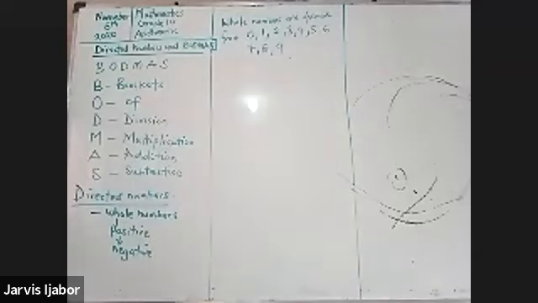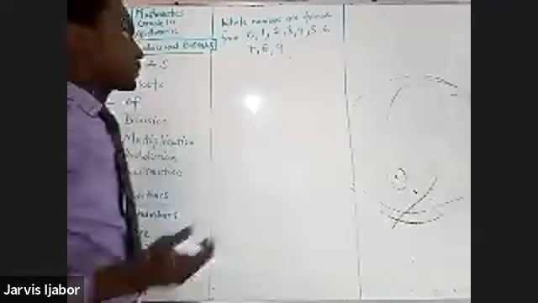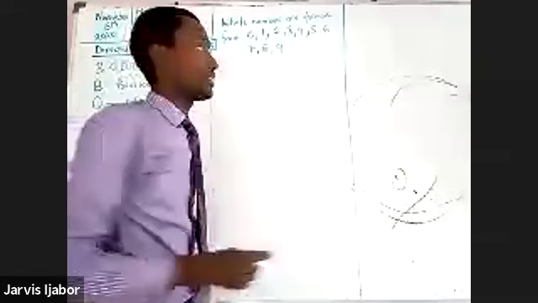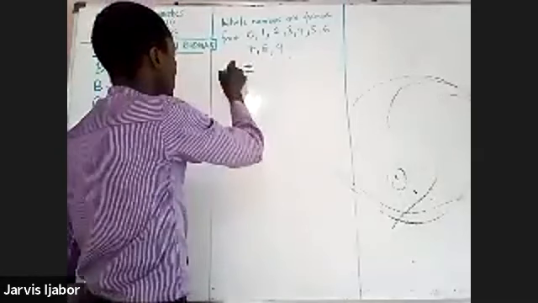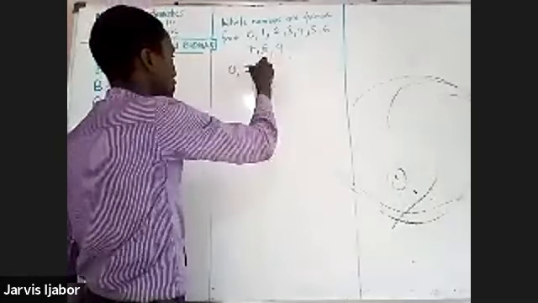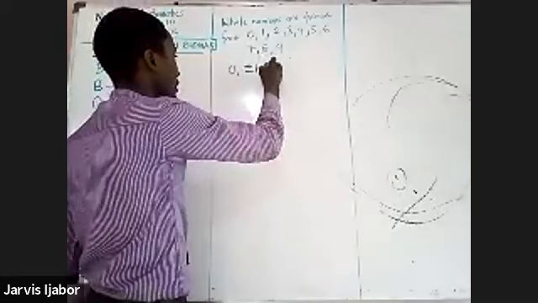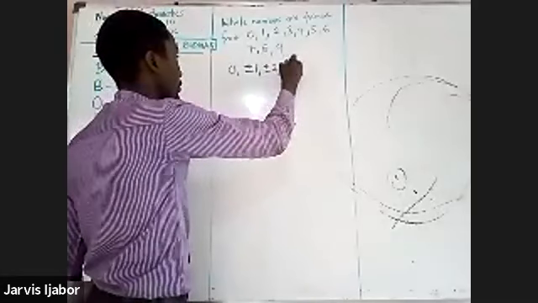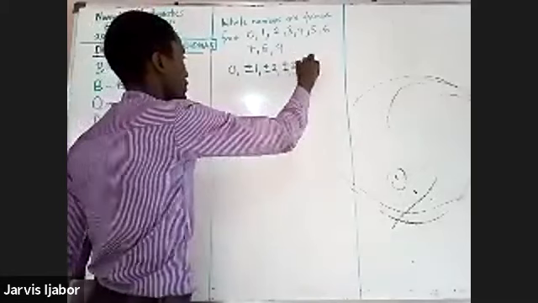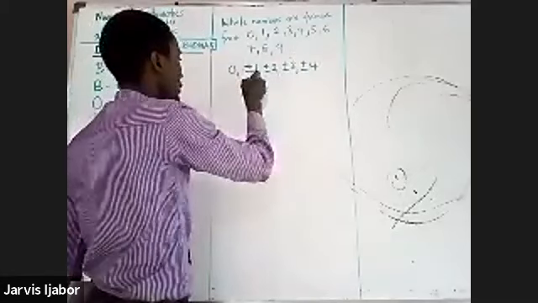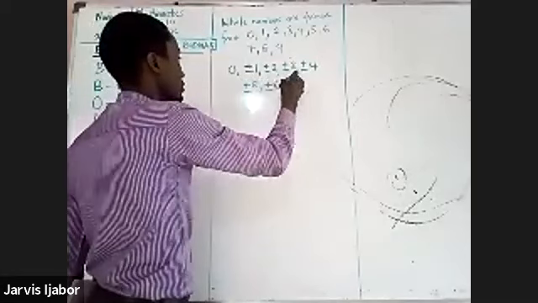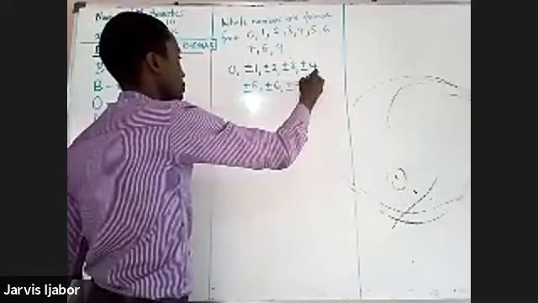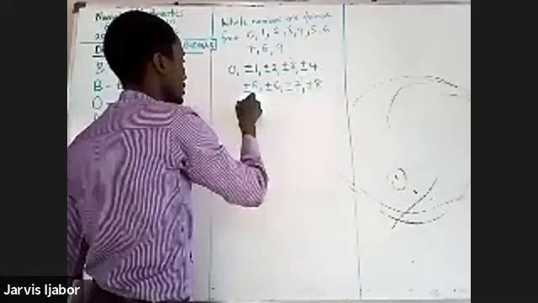But when we talk about integers, these numbers can be positive or negative. 0 stands alone, and then positive or negative 1, positive or negative 2, positive or negative 3, positive or negative 4, positive or negative 5, positive or negative 6, positive or negative 7, positive or negative 8, positive or negative 9.